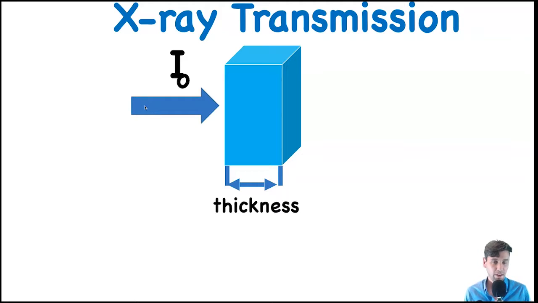When the X-rays are coming in, there's going to be some certain intensity of those X-rays. So how many X-rays are going to be coming in? And let's assume for now that we're talking about X-rays that have just one energy. Again, these are simplifications.